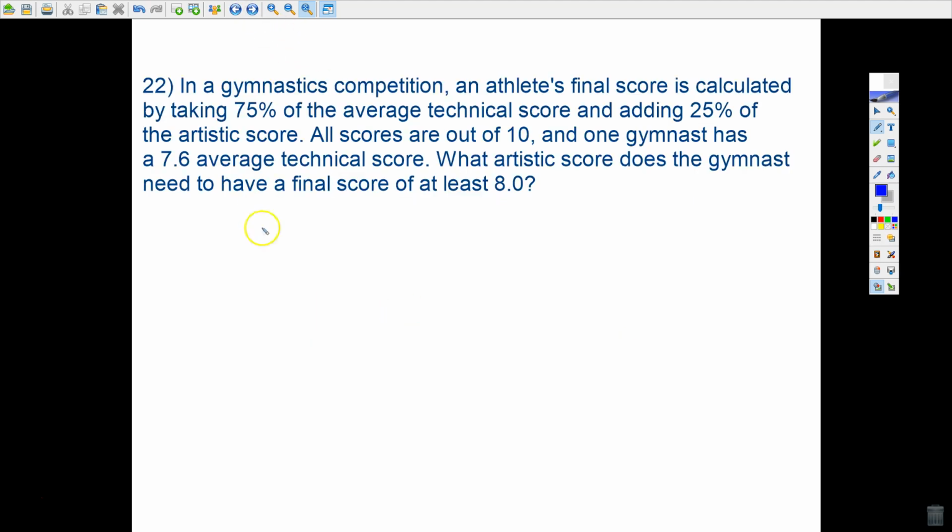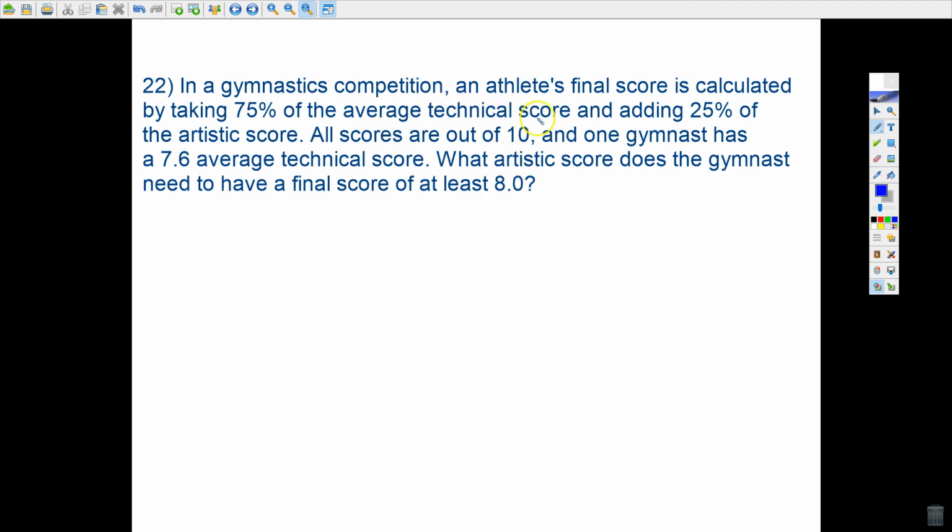Okay. Let's move on to number 22, which is a good little word problem for this gymnast. Reading through this carefully, maybe reading through it 2 or 3 times to make sure you grasp what is being asked for. Basically, this gymnast has a score where the most they can score is 10, and the score is made up of 2 different components.